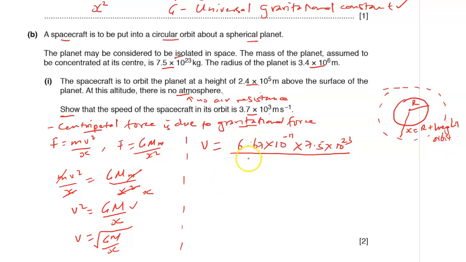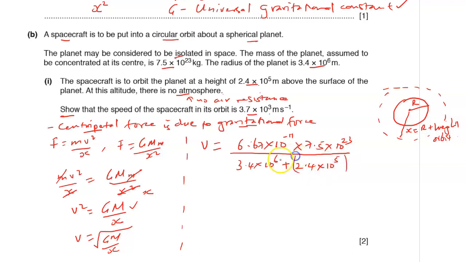Okay, so here we get the radius, which is 3.4 times 10 raised to power 6, plus the height, which is 2.4 times 10 raised to power 5.